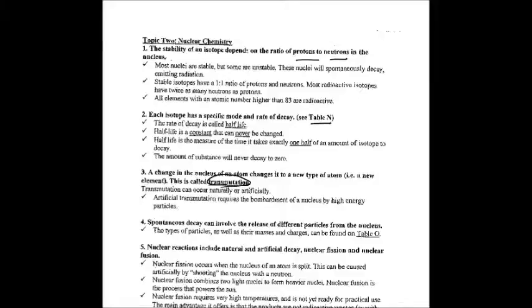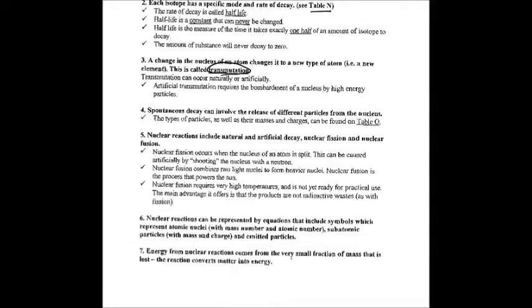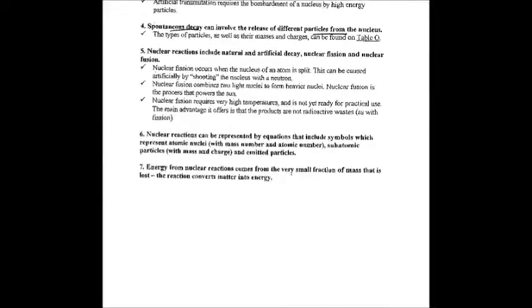Transmutation is the changing of a nucleus into a new nucleus. Spontaneous decay releases particles from the nucleus. We have 4 different types of nuclear reactions, and we can write these reactions with equations. And we definitely have to know that the energy from a nuclear reactor converts mass into energy.